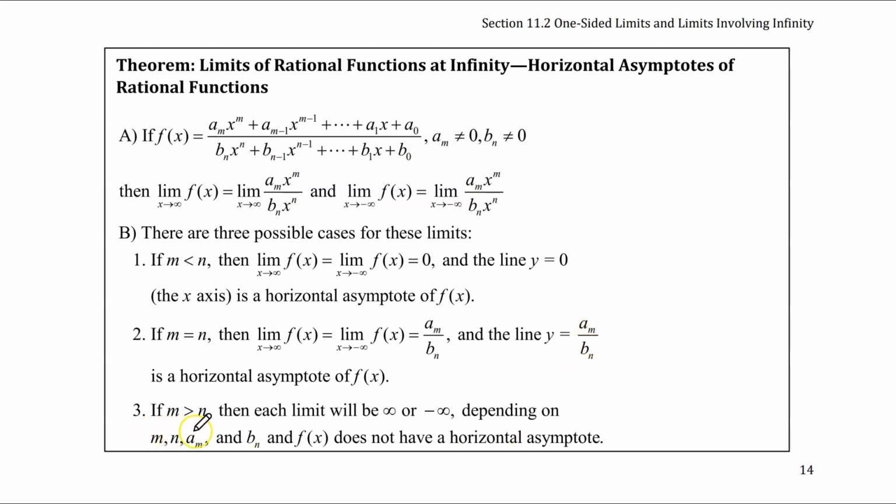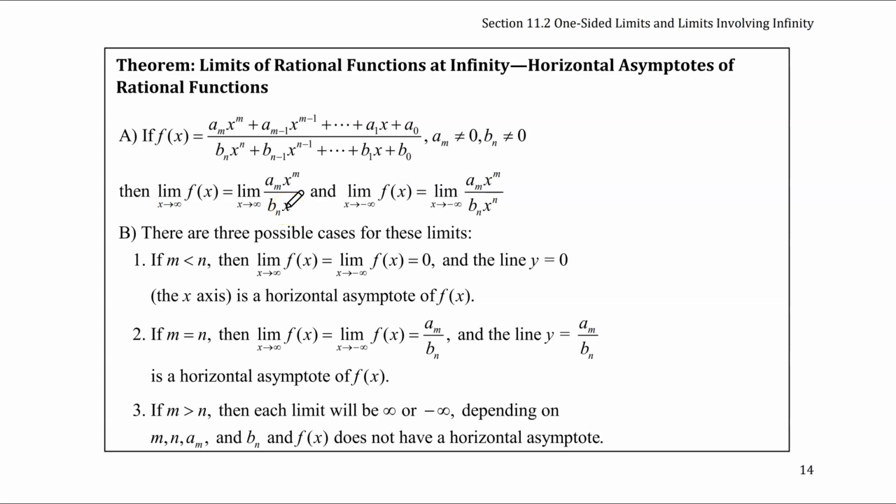And then lastly, if the degree in the numerator is greater than the degree in the denominator, that is m is greater than n, then when we simplify the limit here, we will have some variable raised to some power in the numerator, and the variable in the denominator will cancel out.